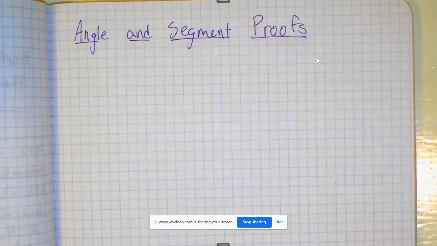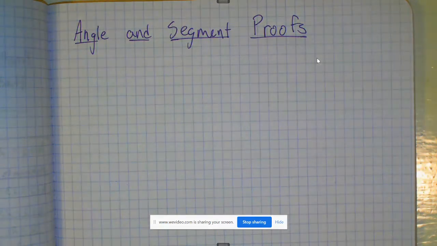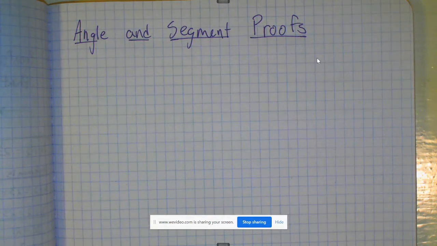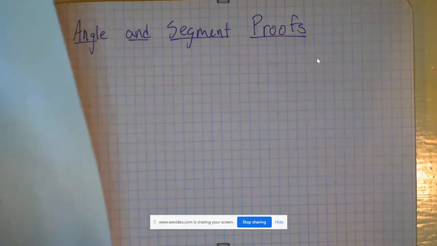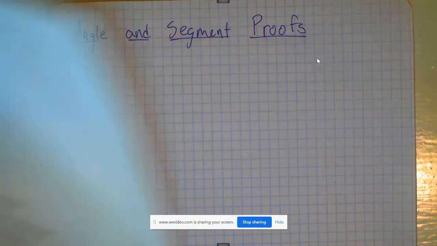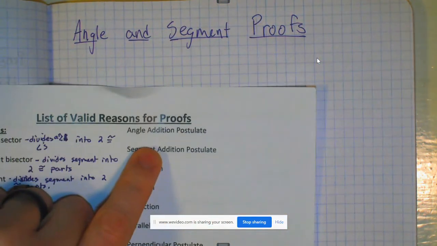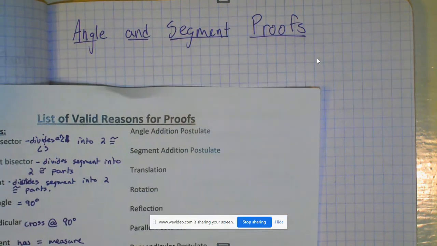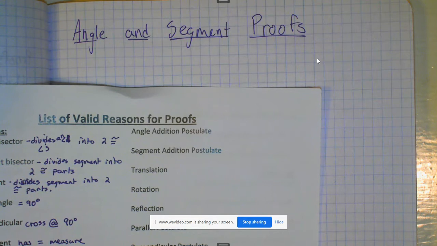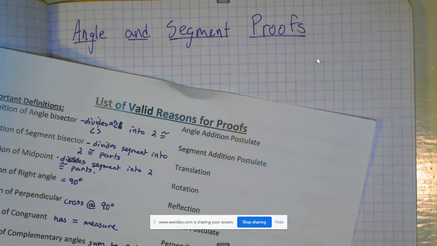We're going to start here with kind of remembering. Right here, we have the angle addition postulate and segment addition postulate, and we've talked about those.